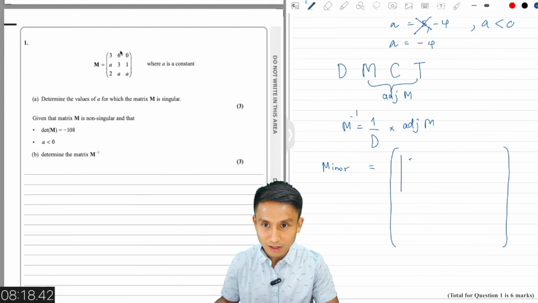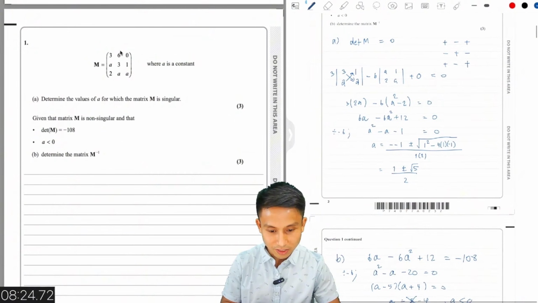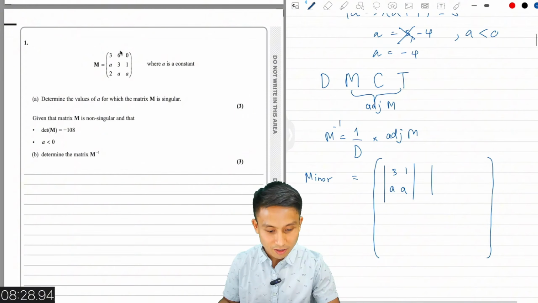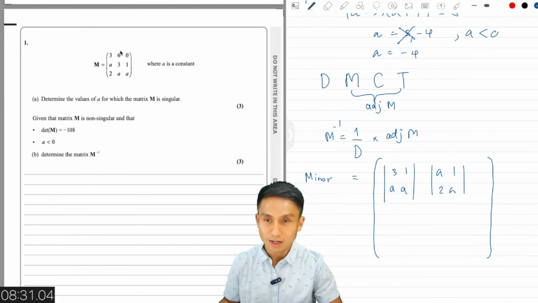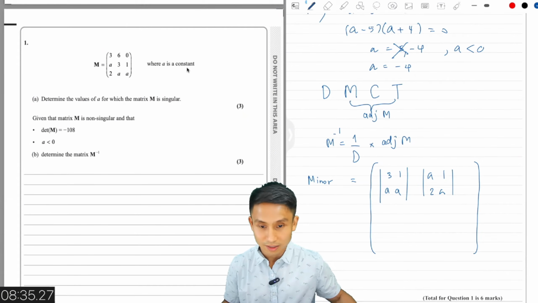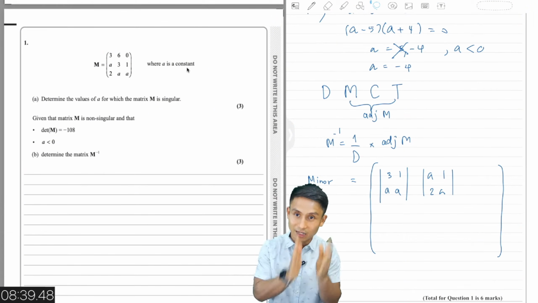So we get again 3, 1, a like this. Well, actually we already did the first row, so I'm just going to copy the result there. So a, 1, 2, a, a, 1, 2, a, like that. That's for the 6. But now we don't multiply by the element there. We just get the minors.